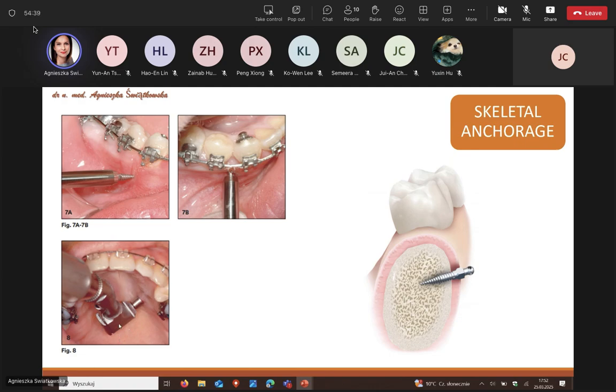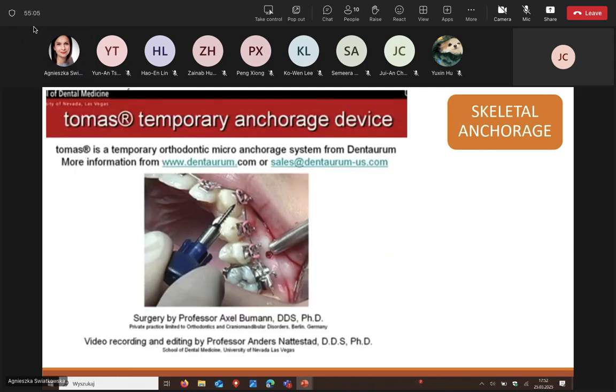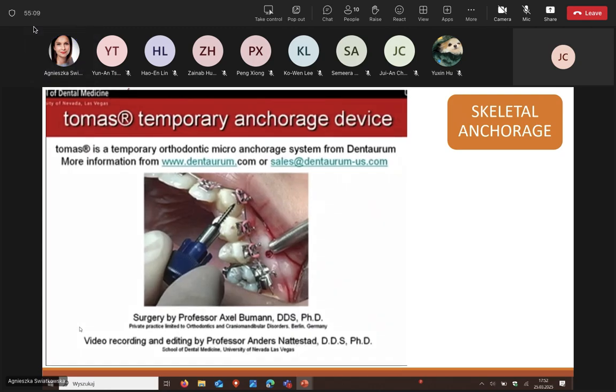Earlier we made templates, so we estimated precisely where this implant should be placed, because in this way, after inserting the implant, it could have contact with the root of some of the teeth here. Okay, maybe it goes in.